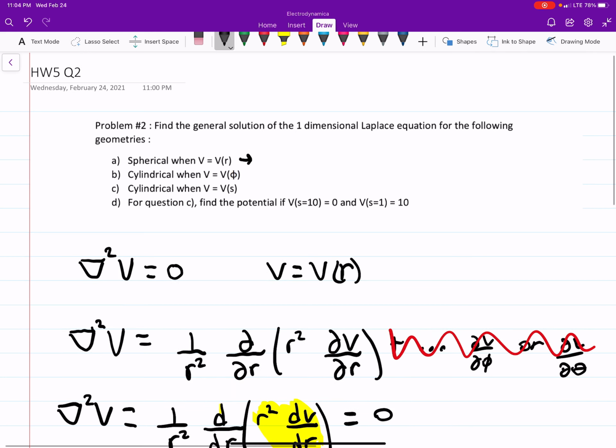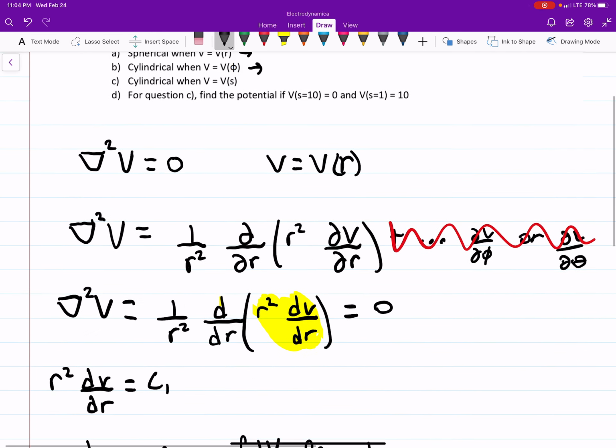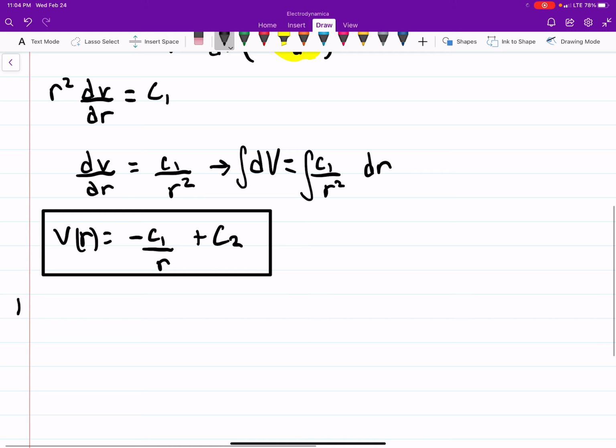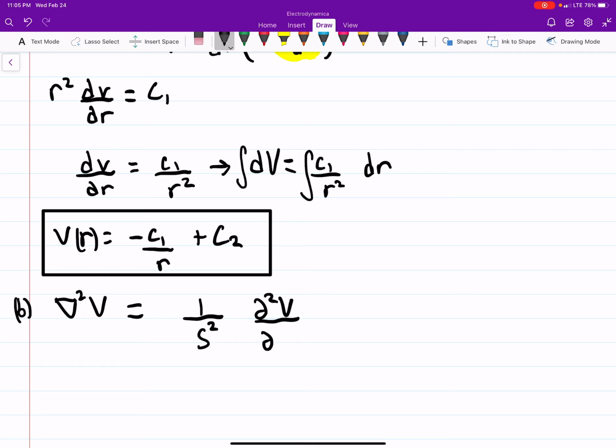Okay. The second one gives cylindrical coordinates. So with cylindrical geometry, it's the same thing as before. When we're looking for the Laplacian of our potential, we're not interested in all the other parts. We're only interested in the part that is phi dependence. So in that case, this will be equal to 1 over s squared, the second derivative of our potential with respect to phi, and this has to be equal to 0.